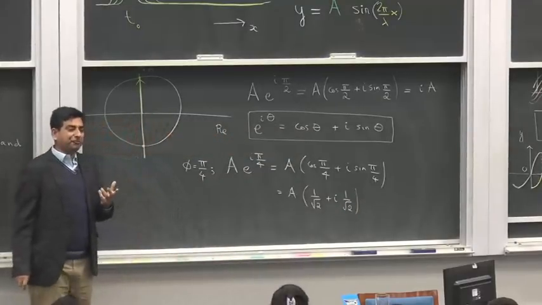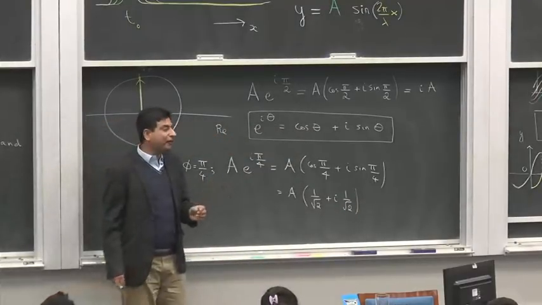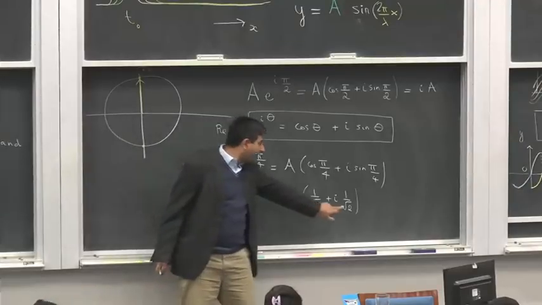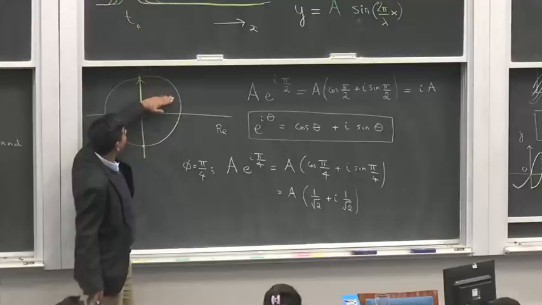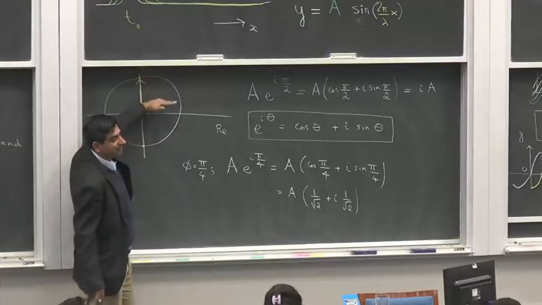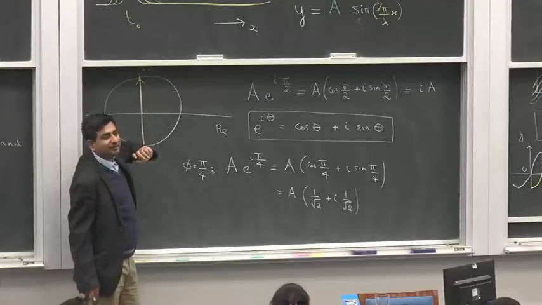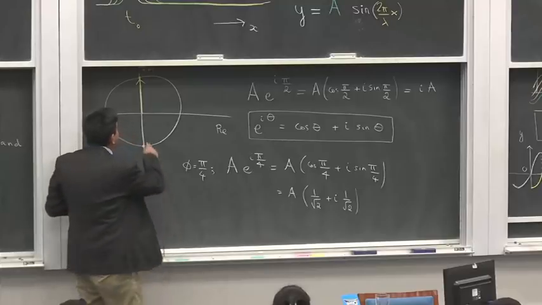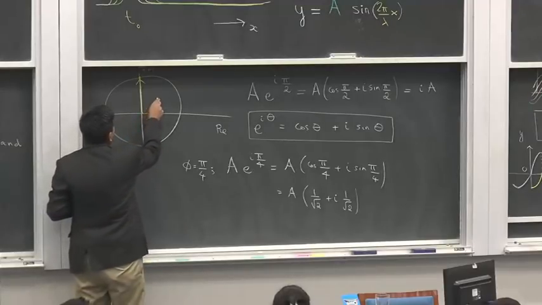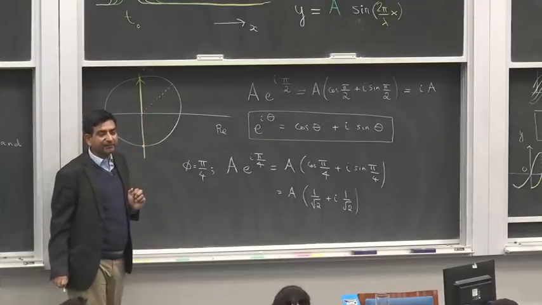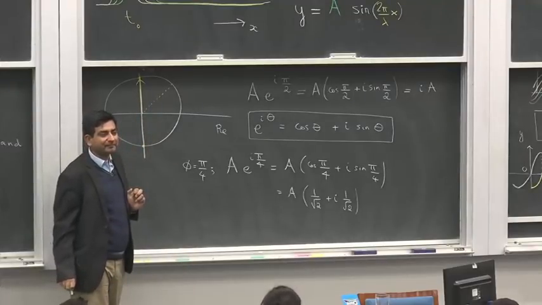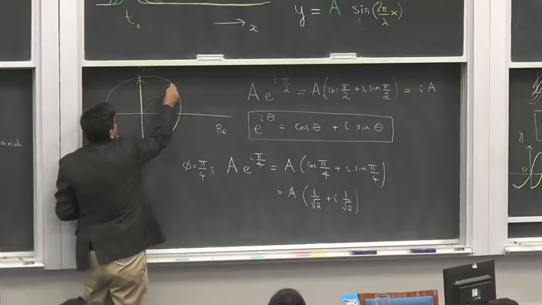Now what I need to do is, this number now has a real component as well as an imaginary component. So it must lie somewhere in this quadrant. Right? So I can draw a vector which is at an angle of 45 degrees from the real axis. So this is the vector that I draw.